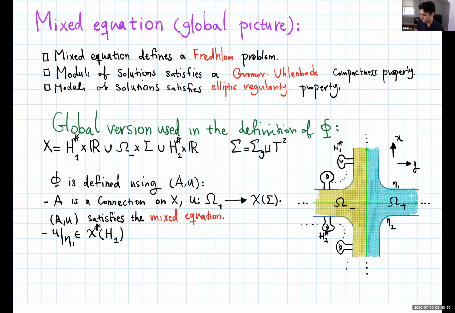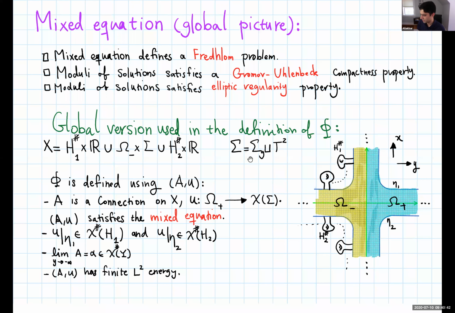And there's a matching condition for the mixed equation that I said in the last slide, and there are some other conditions, for example, U and eta 1 and eta 2 are supposed to satisfy some Lagrangian boundary conditions, and there are also some asymptotic conditions and some condition on the L2 energy. But the key point here is that such moduli spaces are used in the definition of our map phi.